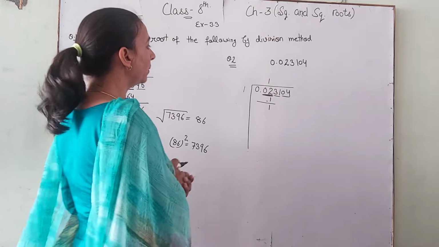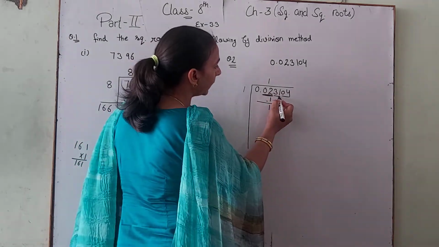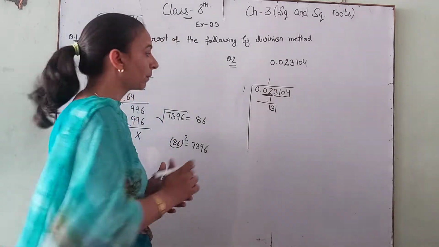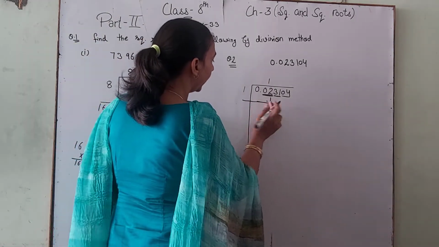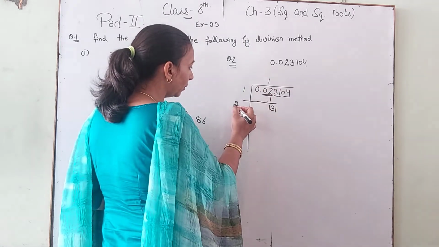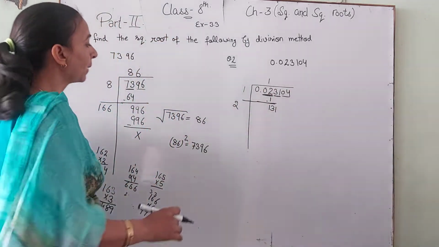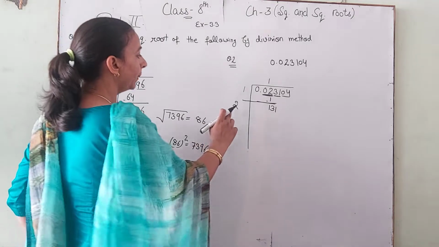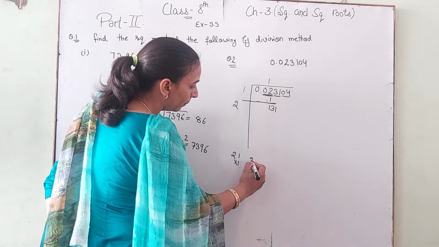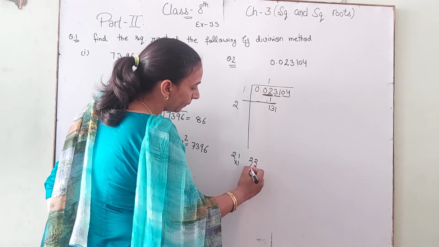Next we take the next pair, 31, so this is 131. Next we take double of this, 2 times 1 is 2. Then if we take 21, we multiply with 1. If we take 22, we multiply with 2.